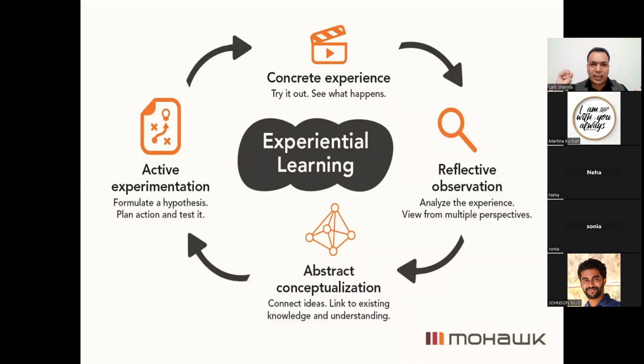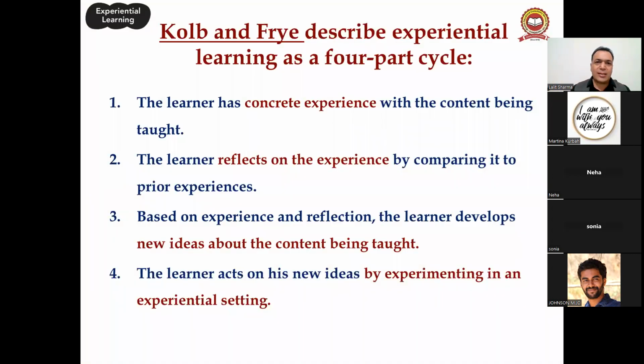Concrete experience, reflective observation, abstract conceptualization, and active experimentation, right? Now understand these four things. First, Kolb and Fry describe experiential learning as a four-part cycle. Number one, the learner has concrete experience with the content being taught.